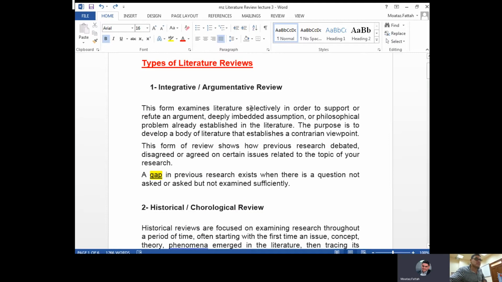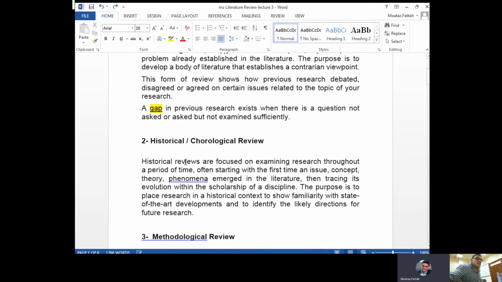So here you do two things. You start with a common phrase that says, Islam is against modernity. And then, through chronological review, you go back to say, no, some writings did not say the same thing. What they were saying until maybe the 17th century was positive about Islam in general.